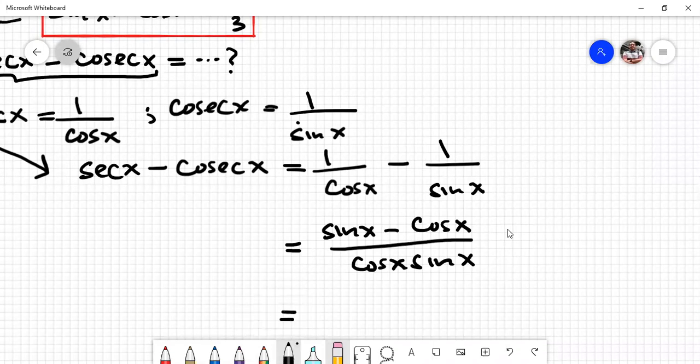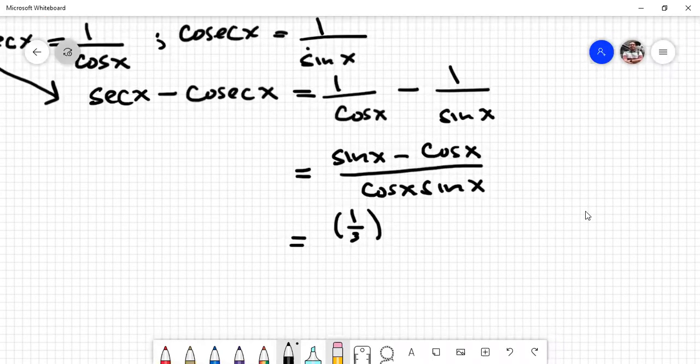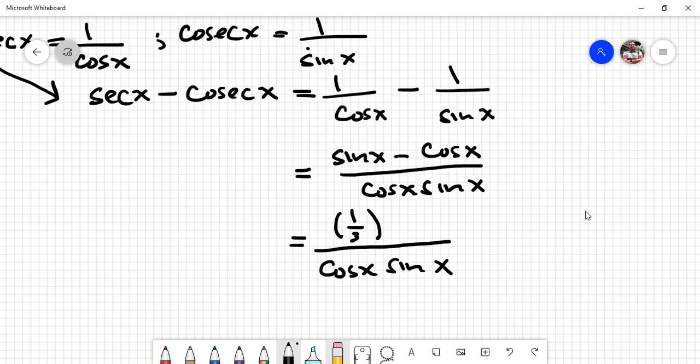So I can write sine x minus cosine x, which is the numerator, as 1 over 3, out of cosine x sine x. I think you get that, yeah?